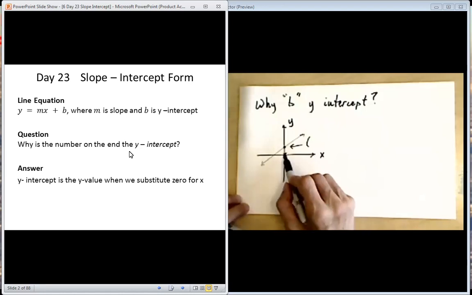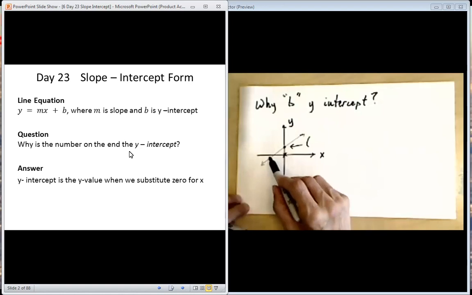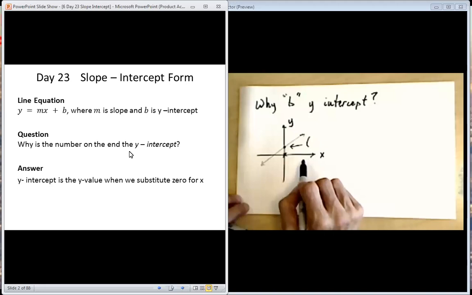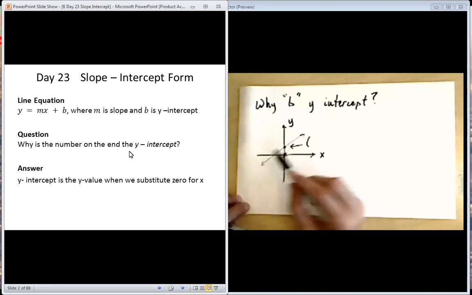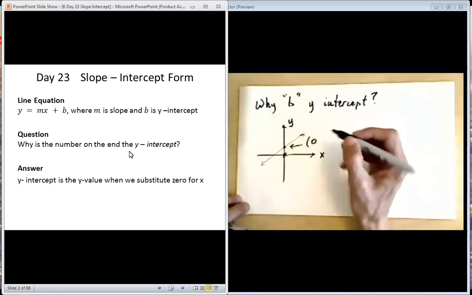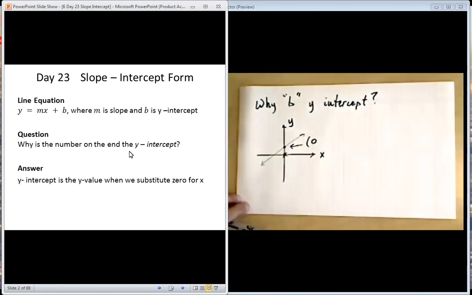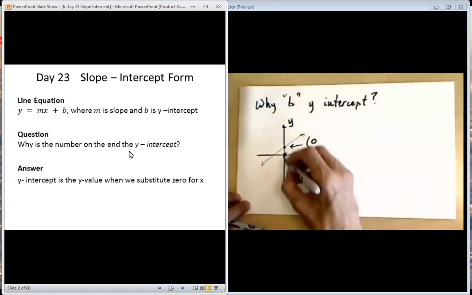No. To get to that point, do we have to go to the left at all? No. Okay, so we don't go positive to the right. We don't go negative to the left. We don't go anywhere in the x direction. We go 0 in the x direction. How high do we go?